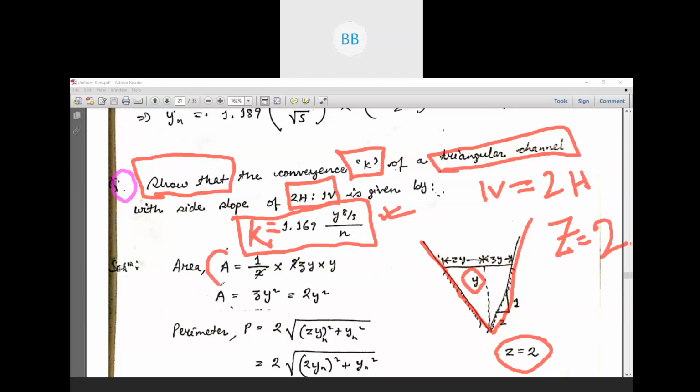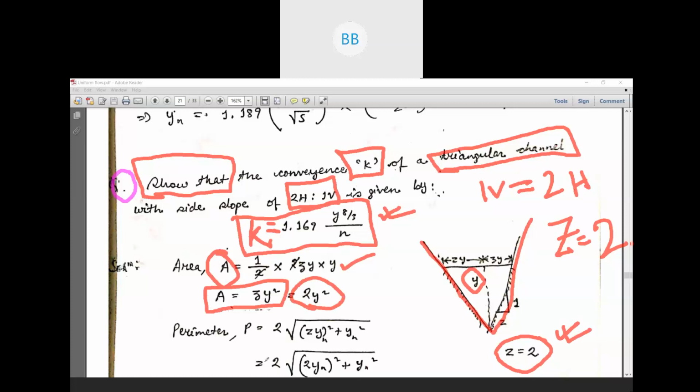Again we are going to use the area equation, half into base into altitude. So this is half, then the top width will be twice zy, multiplied by the depth of flow. So area is equal to zy square, and z is 2 in this case, so twice y square.